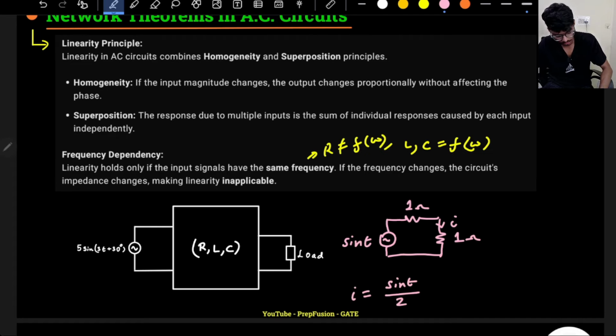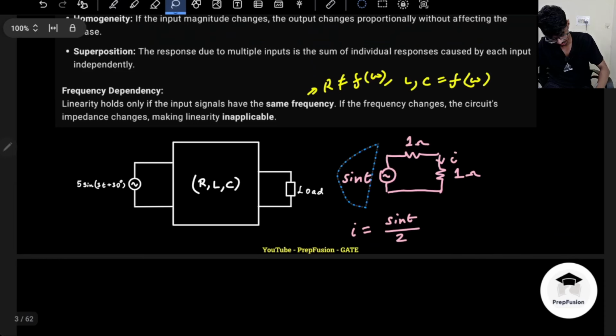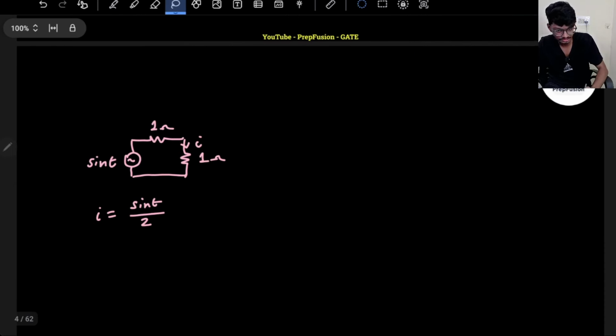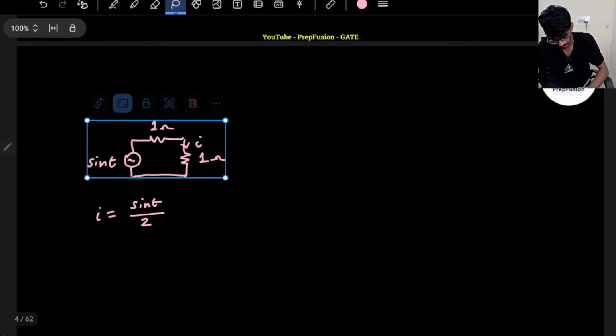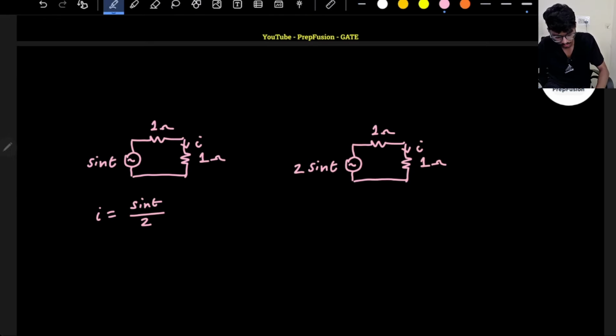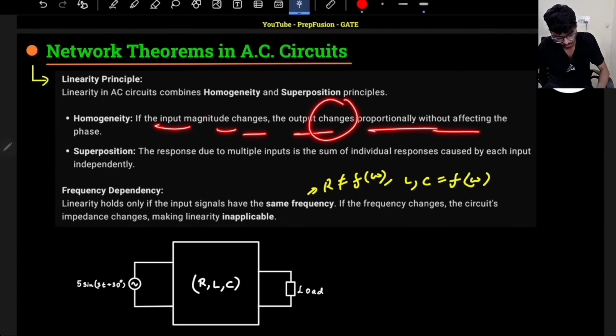This is my current. Now if I change the voltage, basically if I copy the circuit and I just double the voltage, the current will also get doubled. That is what homogeneity means. If the input magnitude changes, the output changes proportionally without affecting the phase.